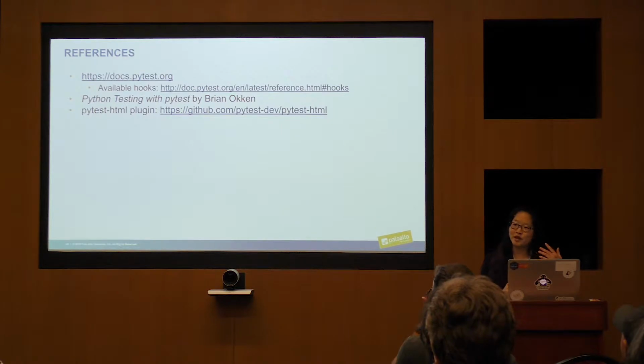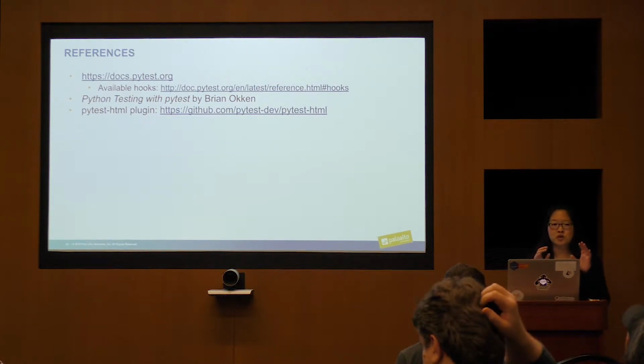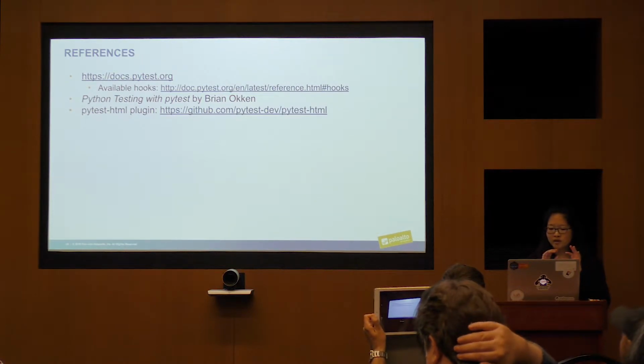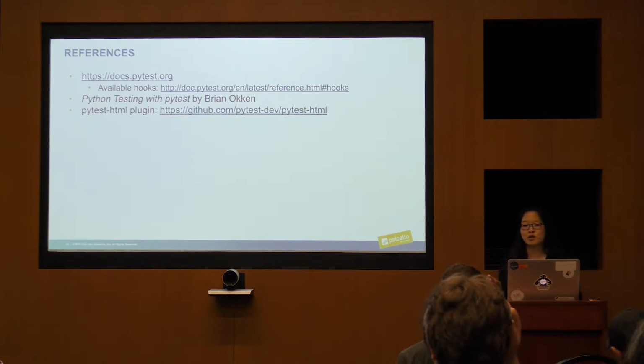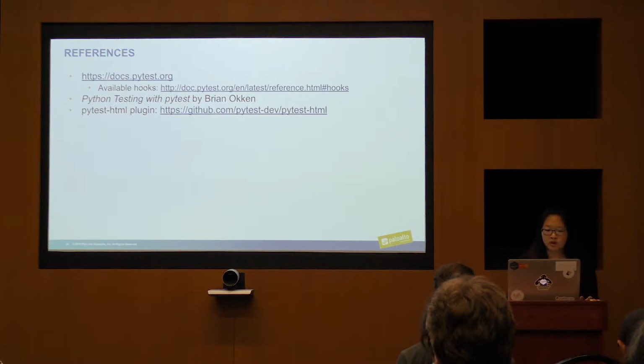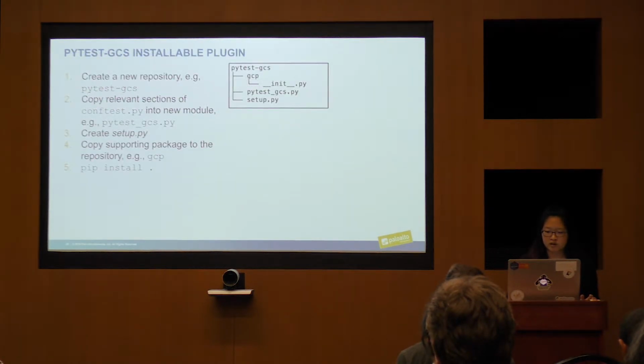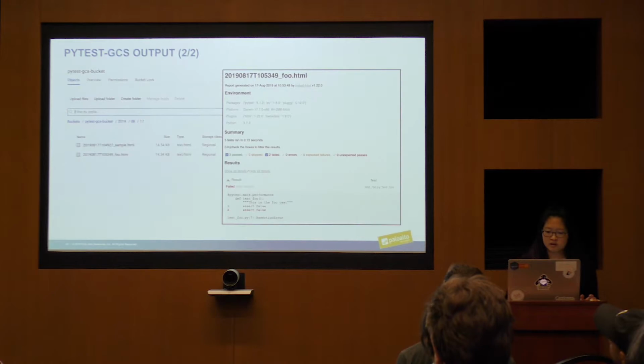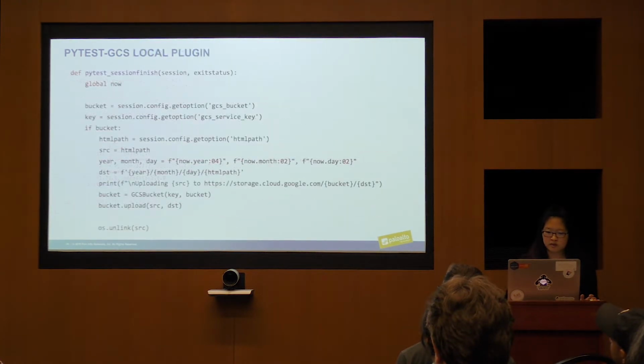So what really helped me is to implement the hook functions with nothing but a breakpoint in there to see what was available. For example, if I go back, let's see. Okay, where was it?